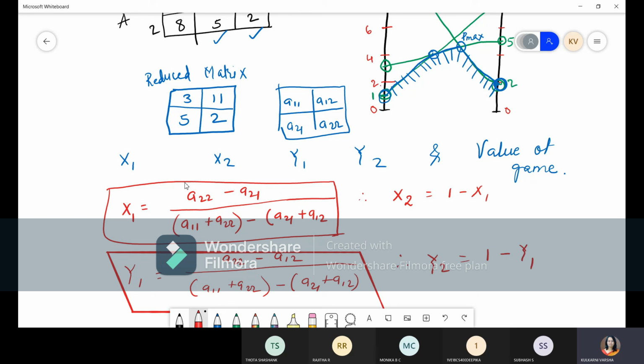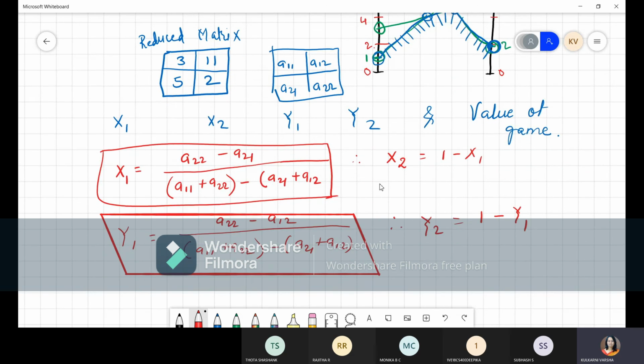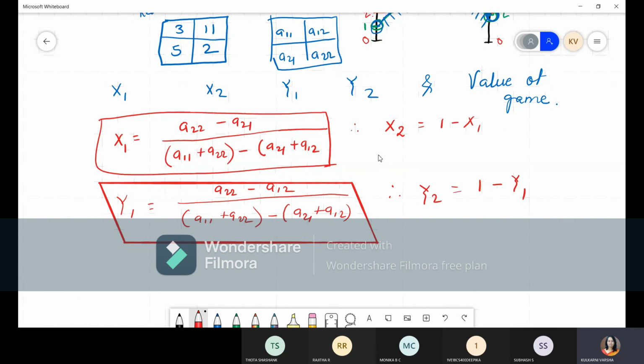And then what is the formula for the value of the game? V is equal to a11 a22 minus a21 a12, whole divided by the same denominator, a11 plus a22 minus a21 plus a12, right?